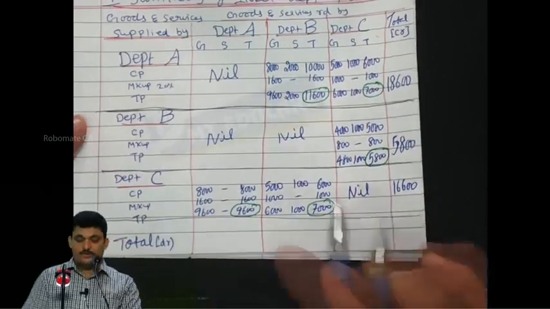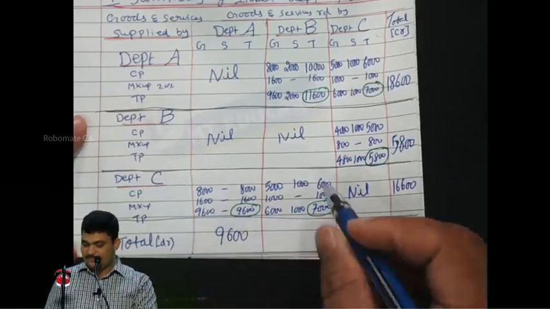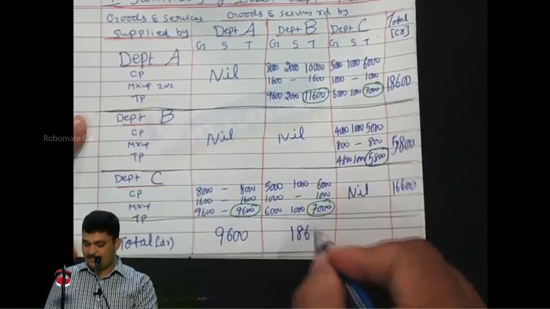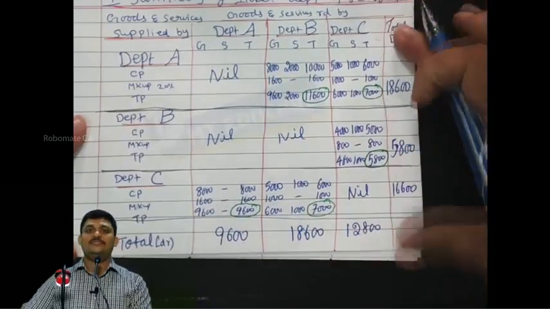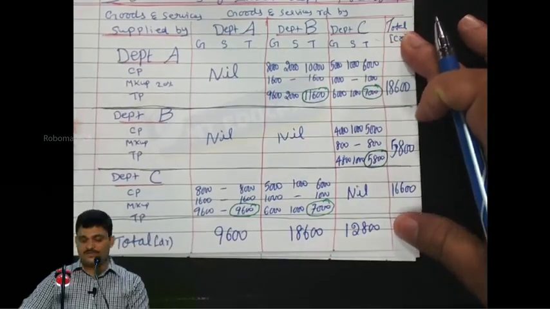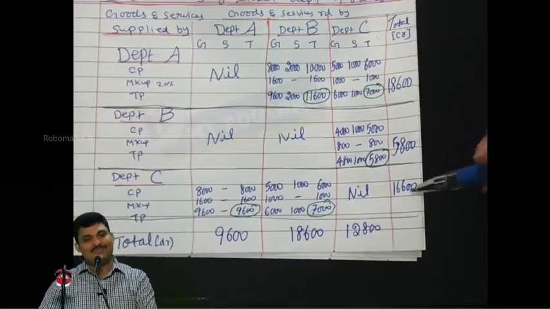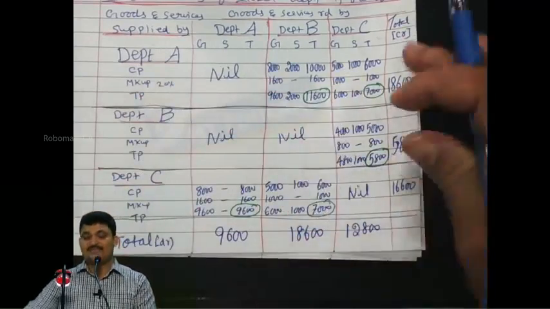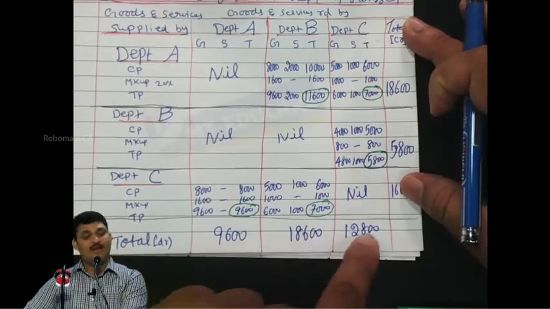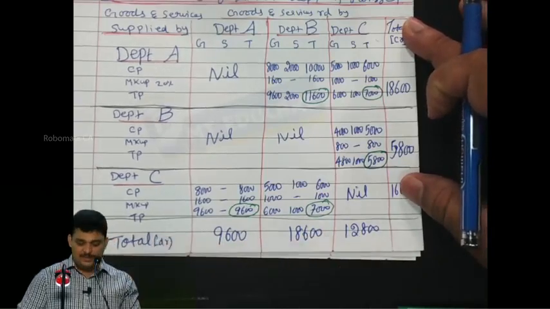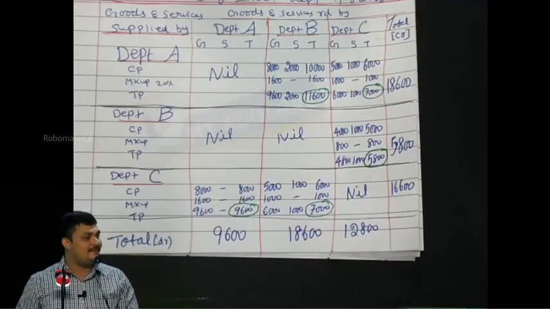Now we would like to arrive at total transfer in for A. The last totals represent the total goods and services transferred out, and the last row, the columnar total, shows the transfer in made by various departments.